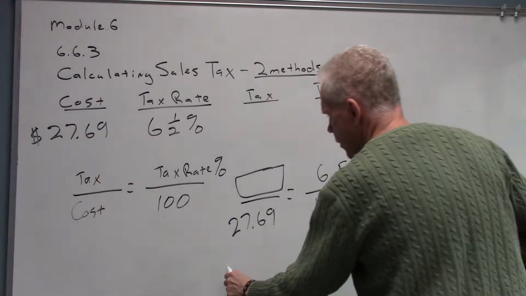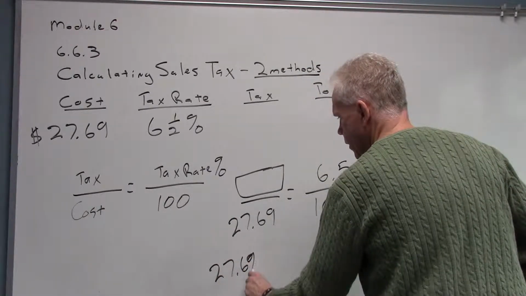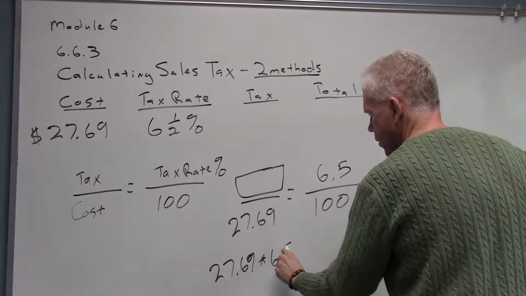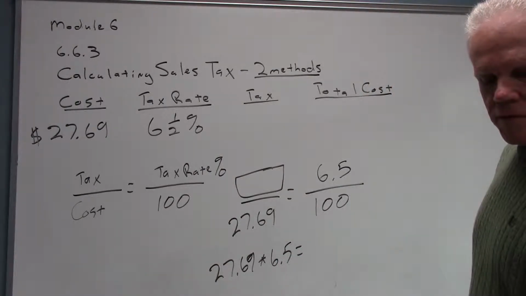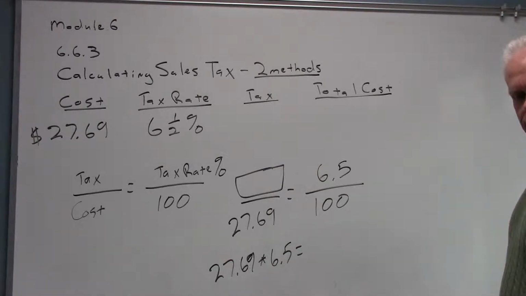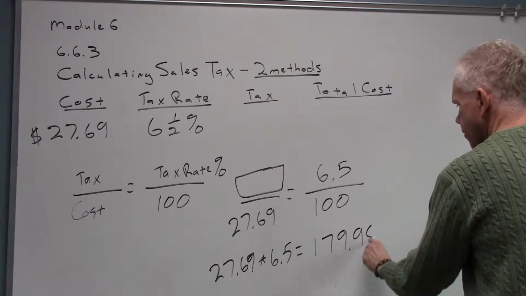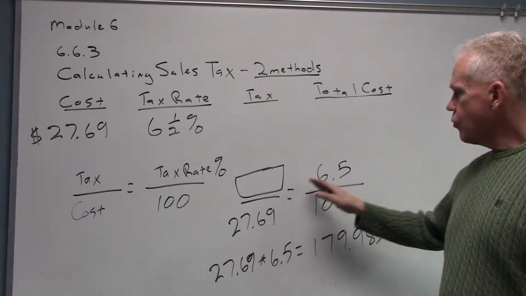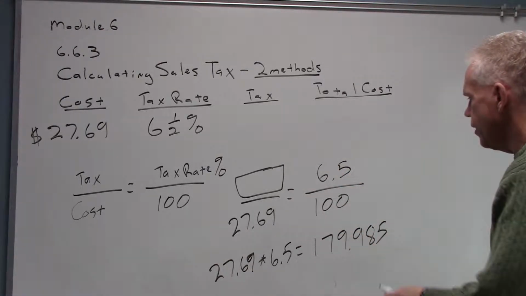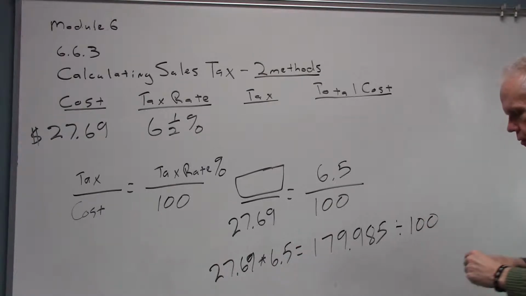Put it into your notes: 27.69 times 6.5 comes out equal to 179.985. You remember that to solve this proportion, we cross multiply, then divide by the other number. So we'll now take this quantity and divide it by 100.